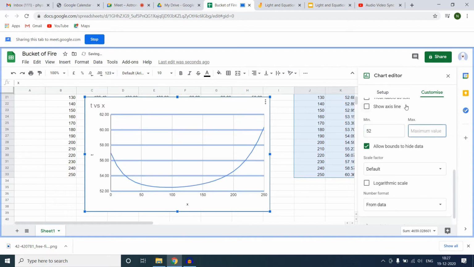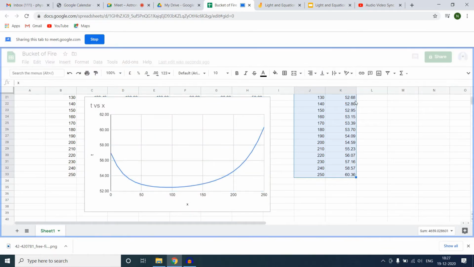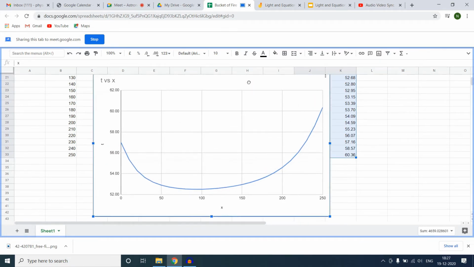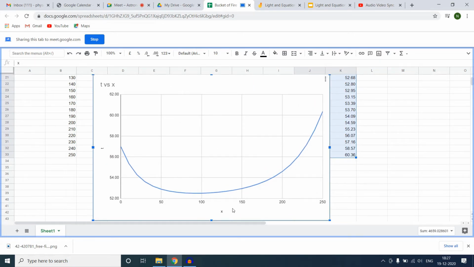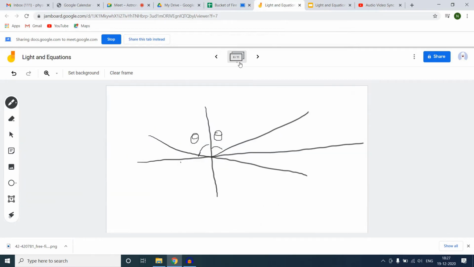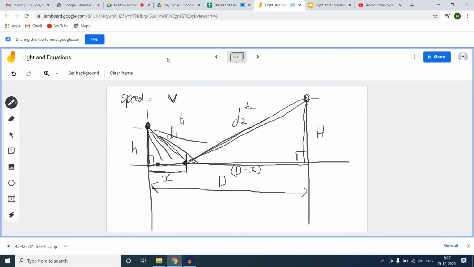You will notice over here on the x-axis I'm talking about the distance from this point over here. So x is the distance from this point.